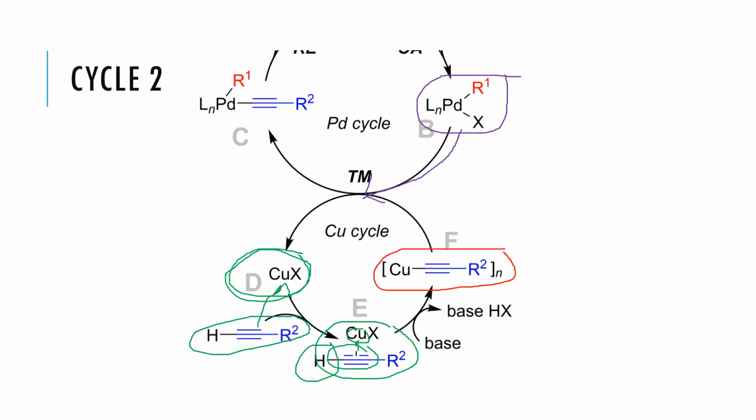This copper alkyne complex interacts with this palladium complex, and the alkyne group bonds to the palladium group, and the halogen on the palladium bonds to the copper.